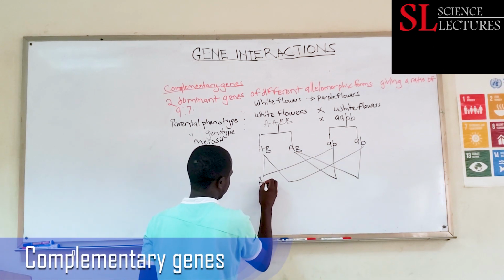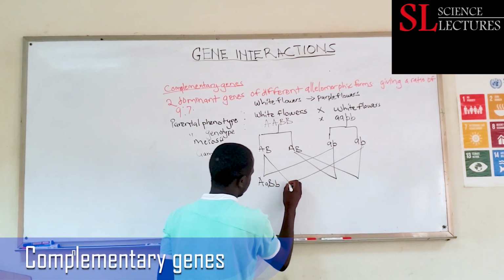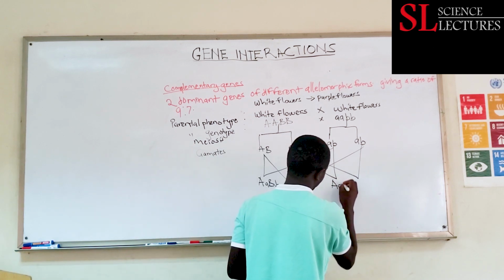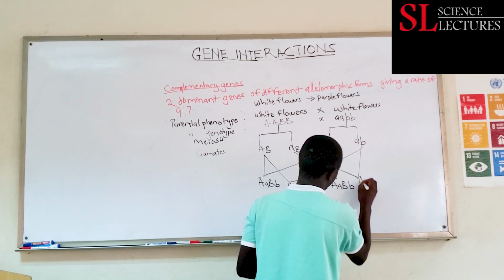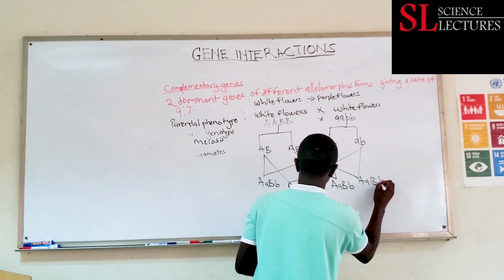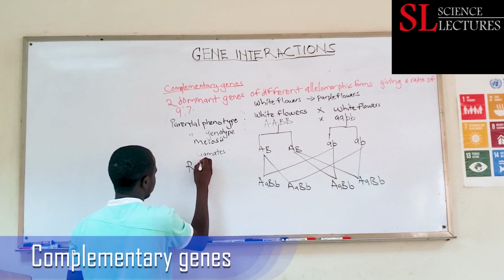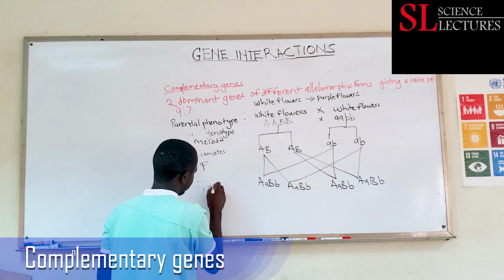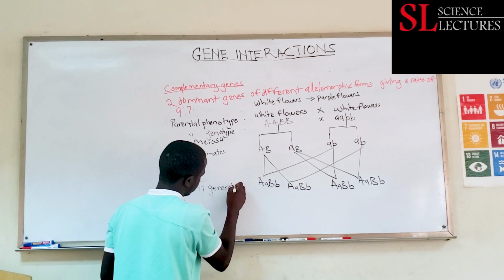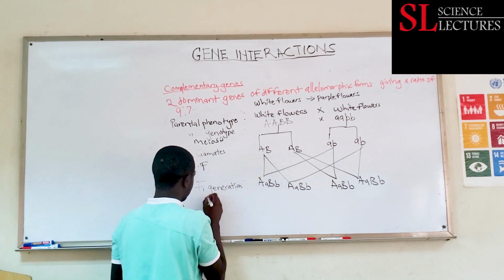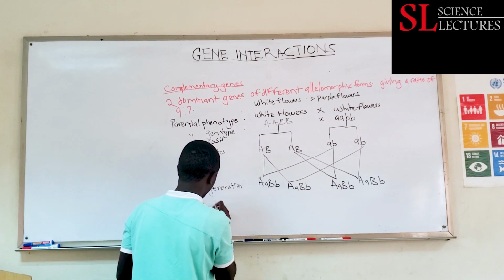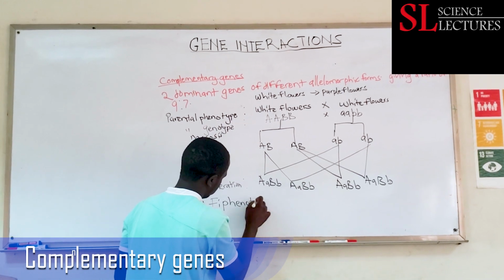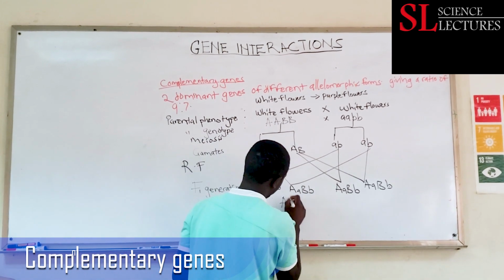So this is capital A, capital B, small b; capital A, small b; capital A, small a, capital B, small b; capital A, small a, capital B, small b. Say this is random fertilization. This is our F1 generation, and our F1 phenotype is that they got all purple.